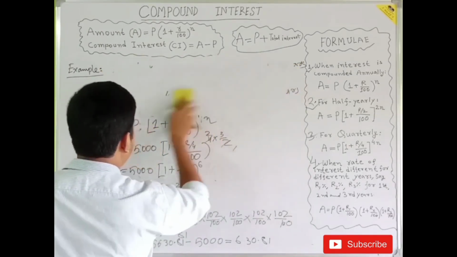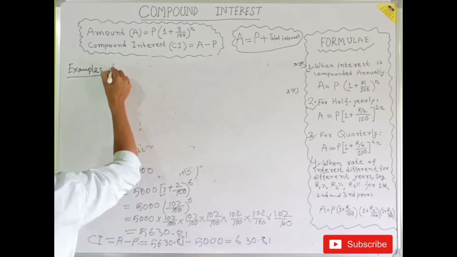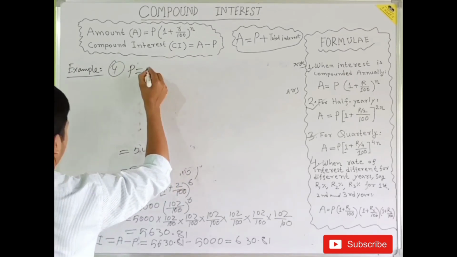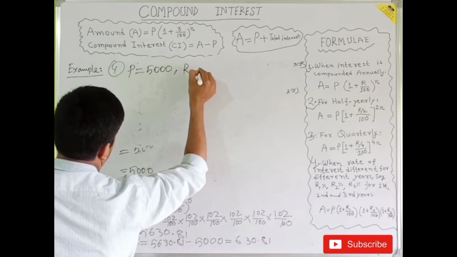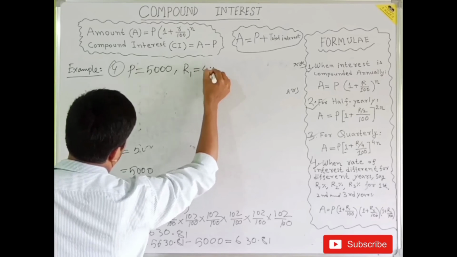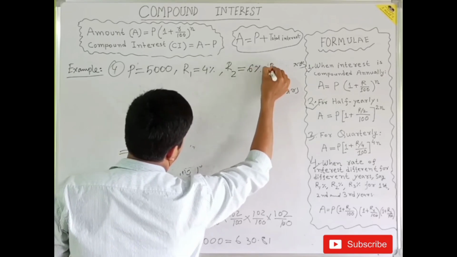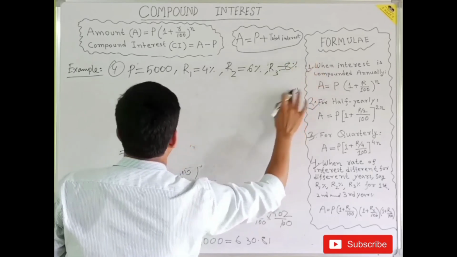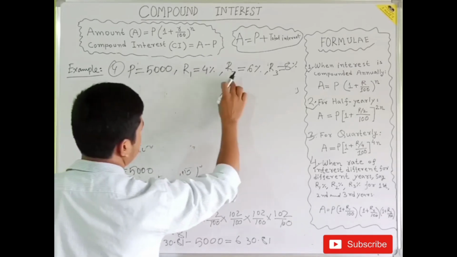Example number 4. If principal given is 5000, rate of interest for the first year R1 is 4%, for the second year R2 is 6%, for the third year R3 is 8%, and time given is 3 years. Here time is 3 years: first year, second year, third year.